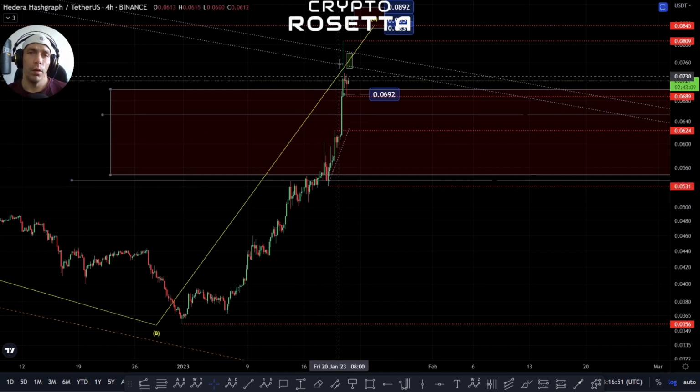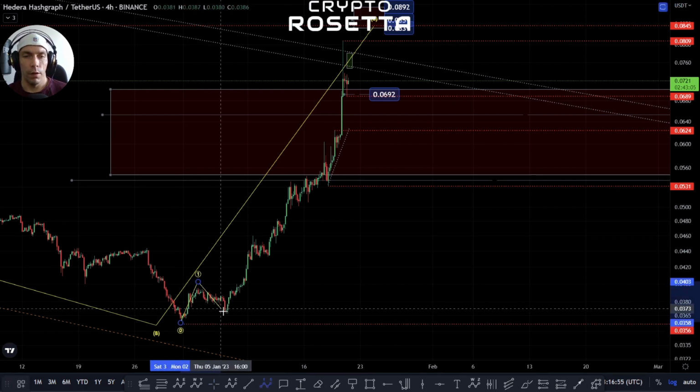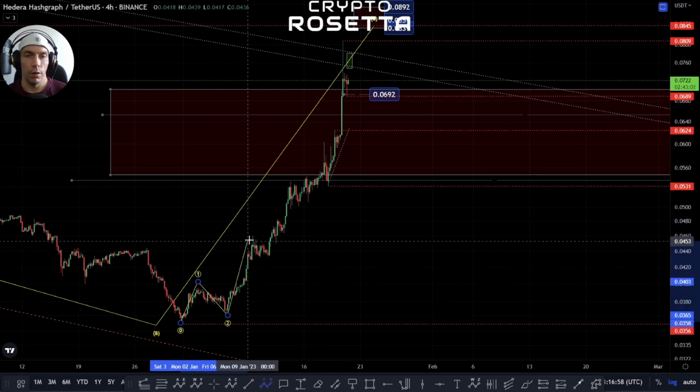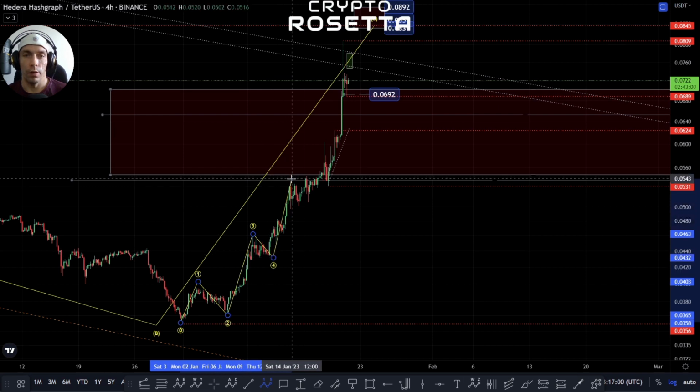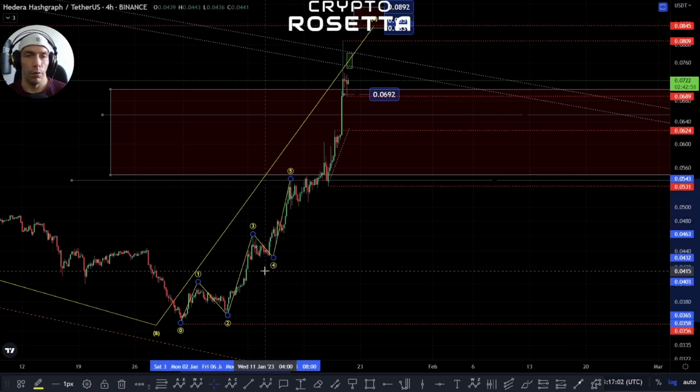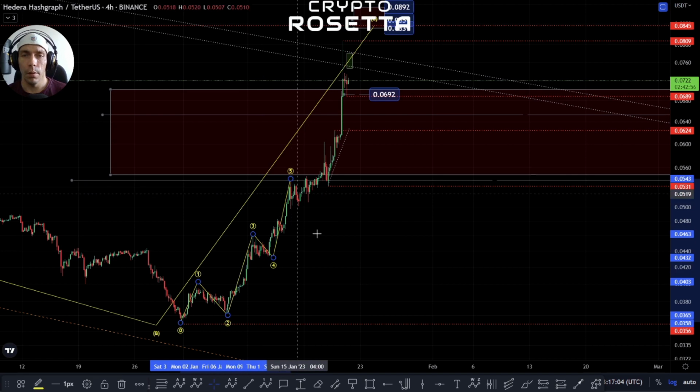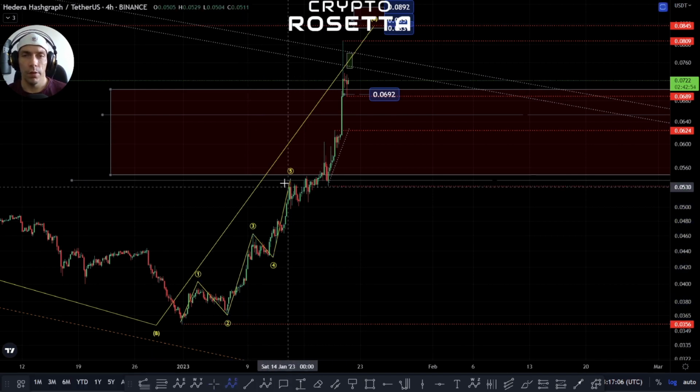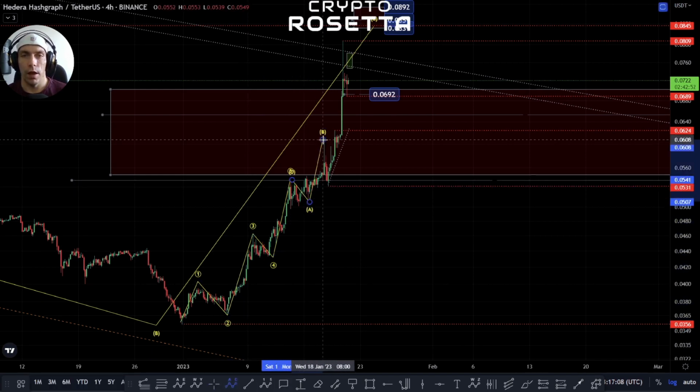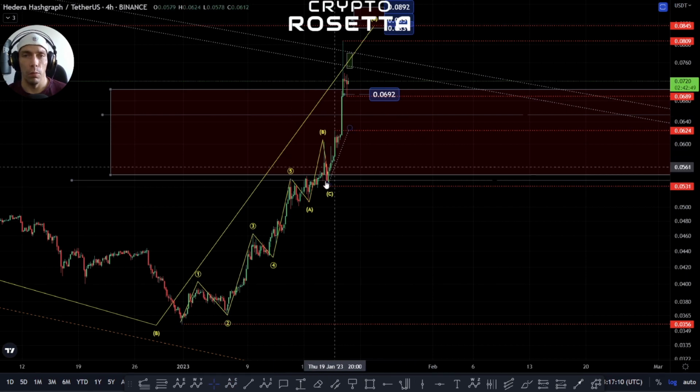But what we would then have to see is that if it's not a diagonal, basically we would have to look at this as a 3, 4, and a 5 into this high point here. And then effectively from there, we can potentially count this as a corrective structure as an A, B, and a C in the midpoint of this.